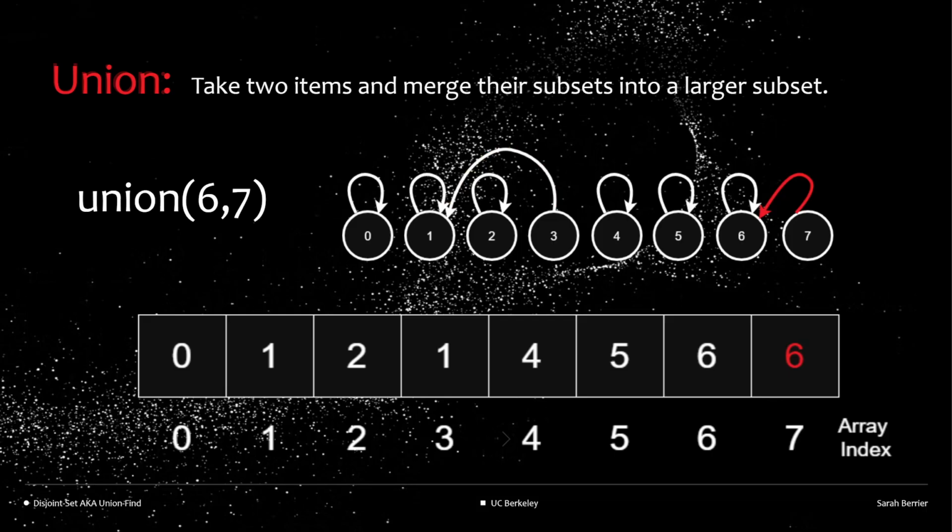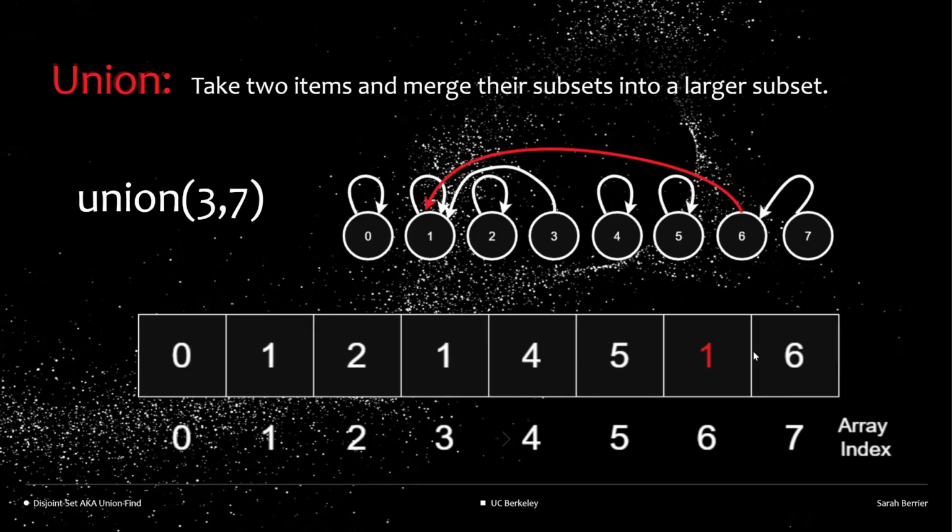Then we union 6 and 7. 7 now points to 6, and you can see the index 7 is showcasing that its parent is 6. And now we're unioning 3 and 7, which you might expect to see 7 here now holding 3. But 7 has the parent 6, and 3 has the parent 1. So 6 is now going to point to 1.